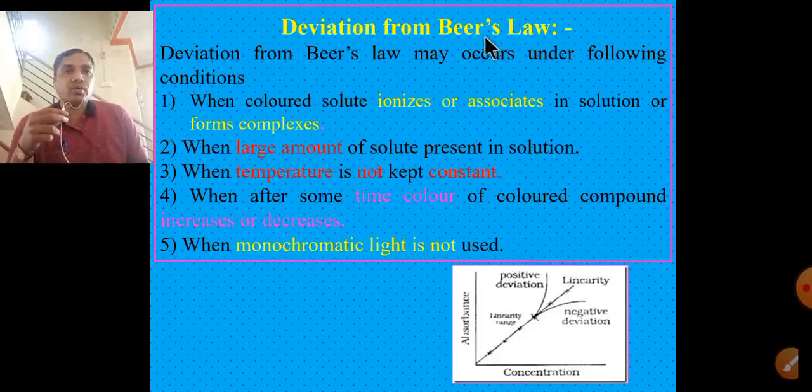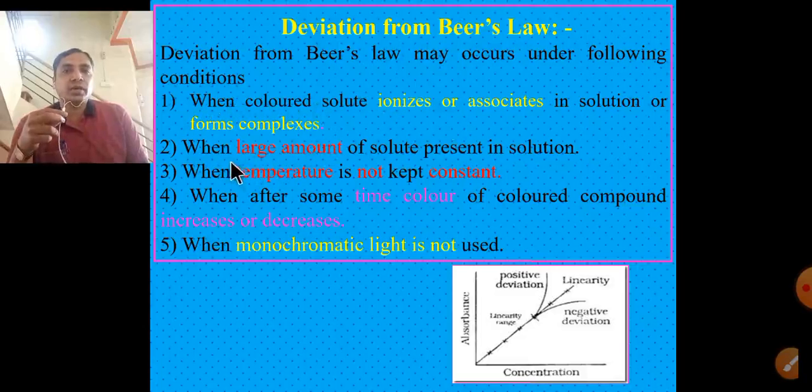Deviation from Beer's law. Deviation from Beer's law may occur under the following conditions. First, when the colored solute ionizes, associates in solution or forms complexes.